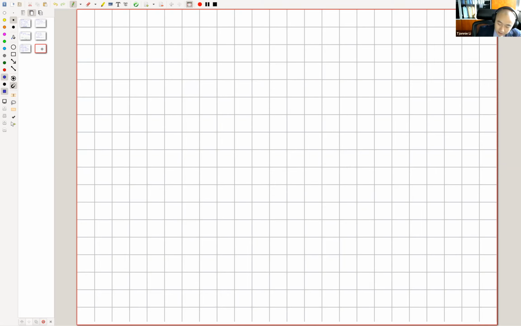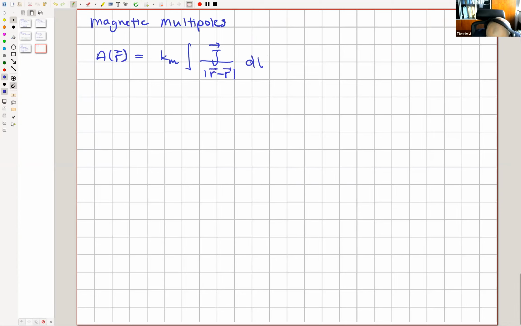What if I now consider the same thing, but for the magnetic multipoles? So here, recall that A as a function of r is just Km times the integral of J over r minus r prime dV prime.